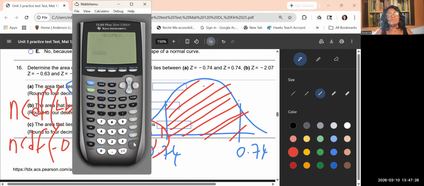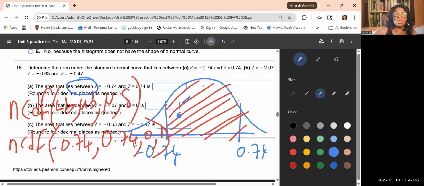We hit enter, and now eyeball that it is correct. So the area in the middle is 0.5407 to the nearest ten-thousandth, four decimal places. So that is the area between.